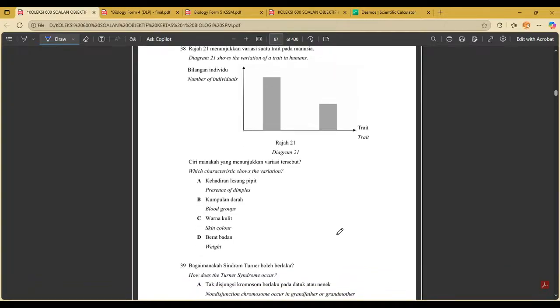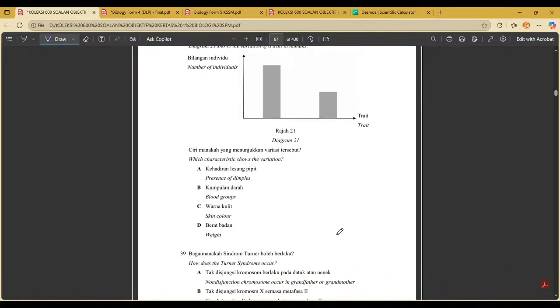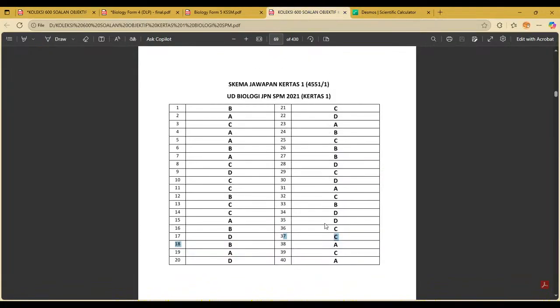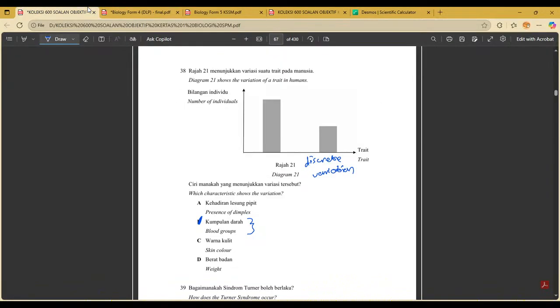Trait of variation. This is discrete variation. Blood type, blood groups. 58. Okay, fair enough.